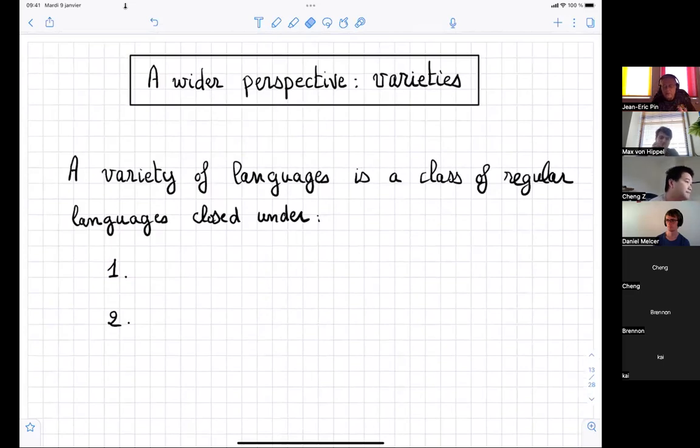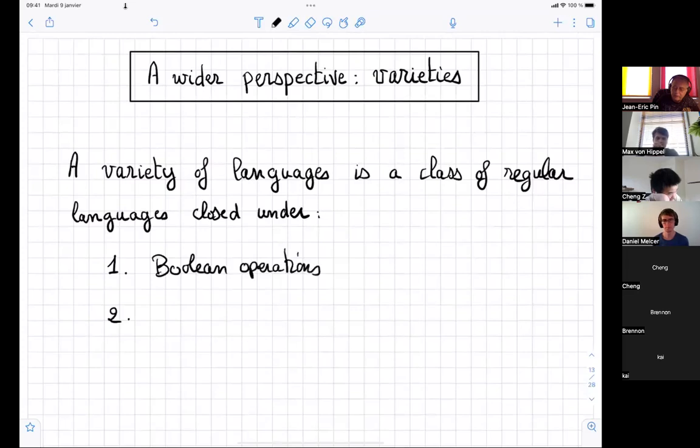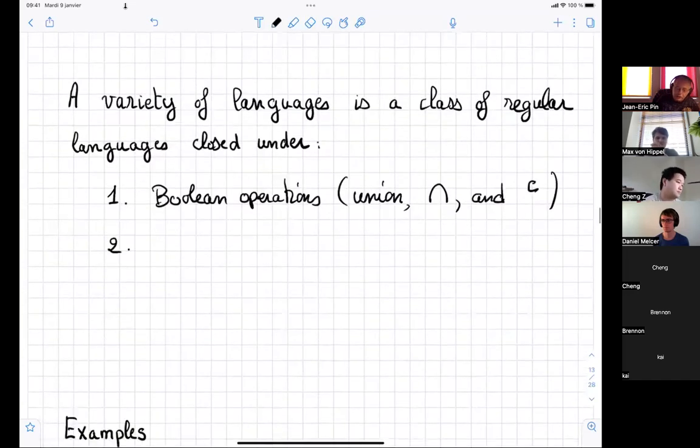So what is a variety of languages? It's a class of regular languages which are closed under three things. First of all, Boolean operations: the union, intersection, and complement. They are closed under so-called residuals.